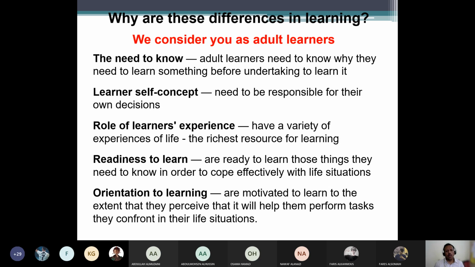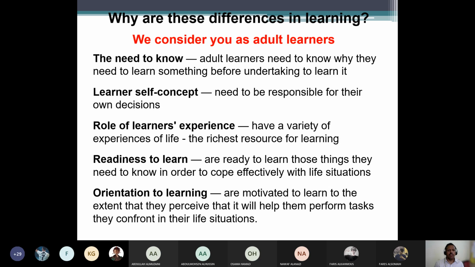Adult learners need to know why they want to learn anatomy, why they want to learn physiology, why they want to learn physics, why they want to learn communication. All these, they already know. They are aware. They have got self-concept because they are responsible for their decision. They want to become doctor. Now they have taken responsibility of becoming a doctor by learning things.